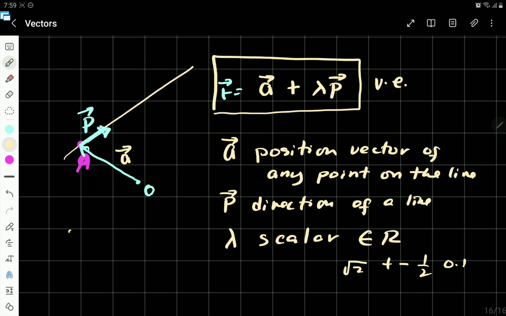So that's why it belongs to the real numbers.